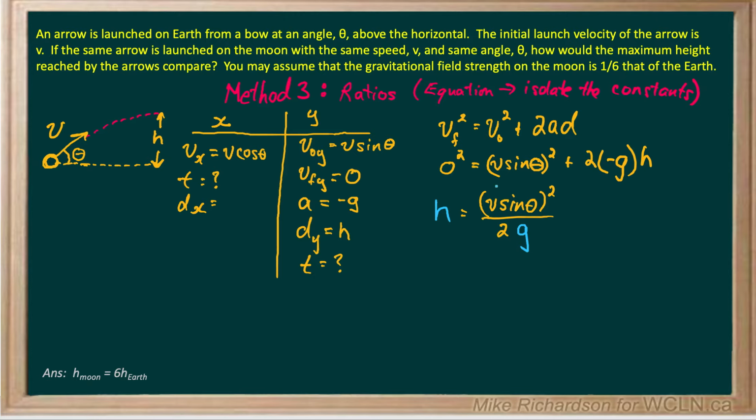So all this yellow stuff is the same, both on Earth and on the moon. So let's solve this equation. Let's get all that yellow stuff, v sine theta all squared divided by 2 by itself. And I end up getting this. I get the product of h times g is going to be equal to this constant.